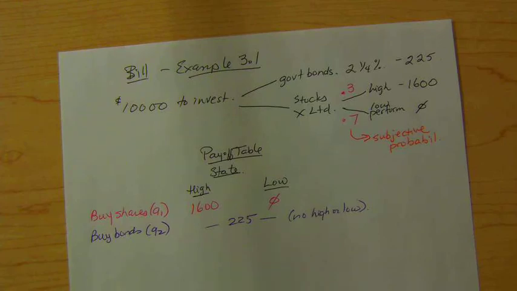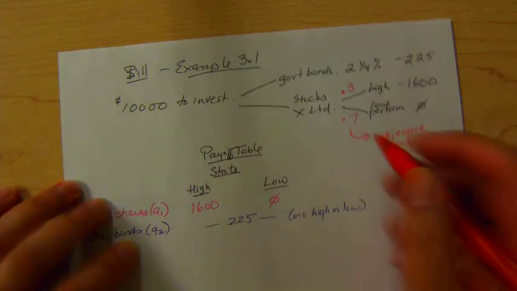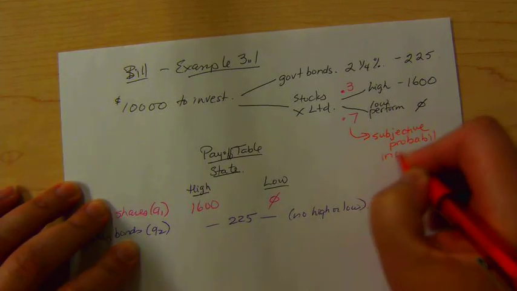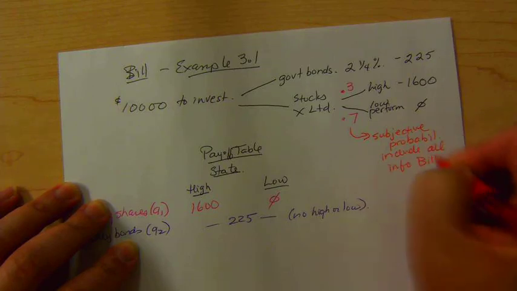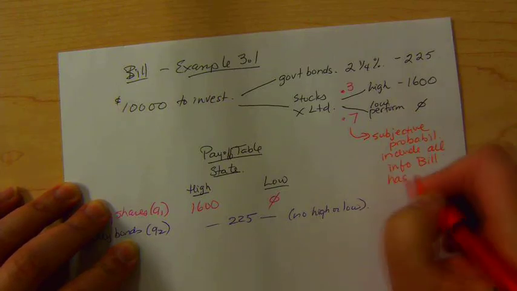And in fact, compared to the rest of the investment people in Canada, you guys have much more knowledge of what financial statements mean. I would guess yours would be closer to objective because of your base of knowledge. Okay, so subjective probabilities include all the information Bill has about the company.